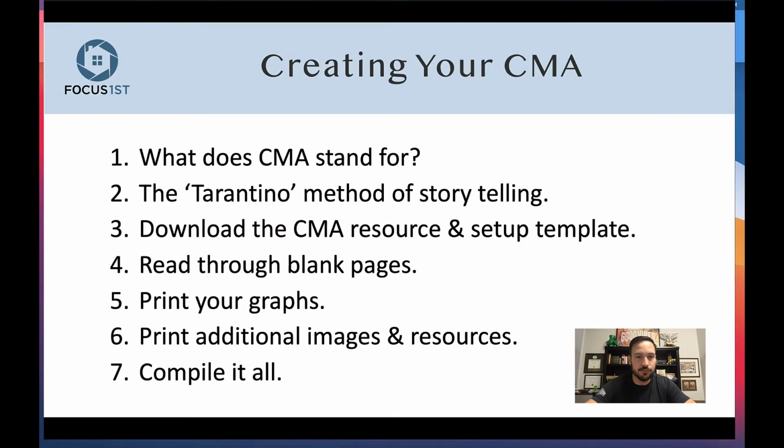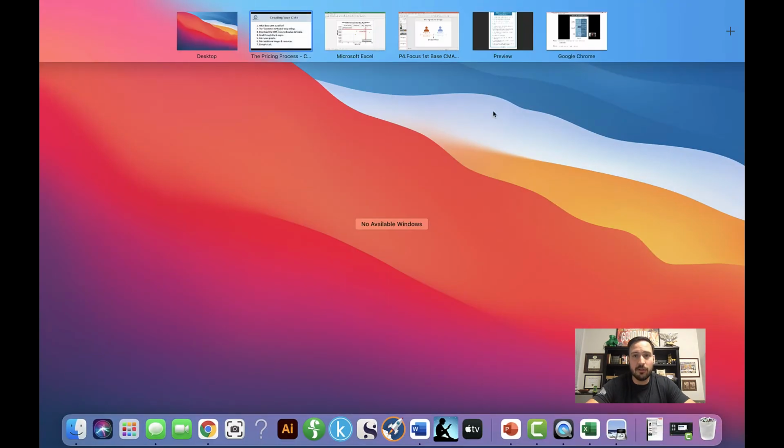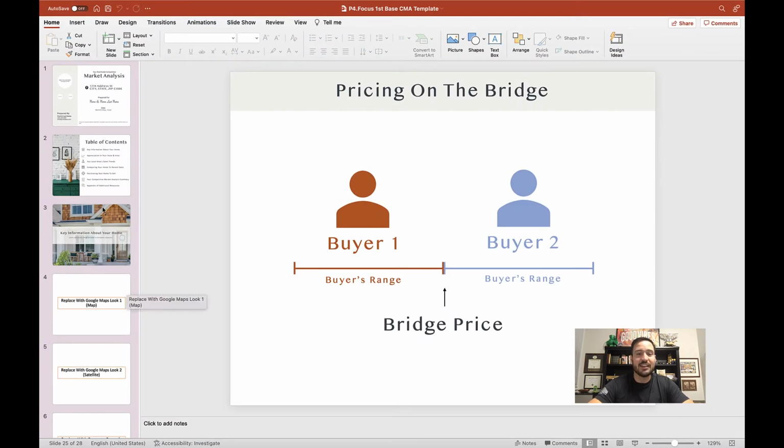Then what you're going to do is go through the program and print all your graphs, as well as go online and get all those additional resources. When you add all those in, you compile it all, you staple them all together, and now you have a very beautiful, very succinct, and very powerful presentation that you can use to really explain it to your customers.